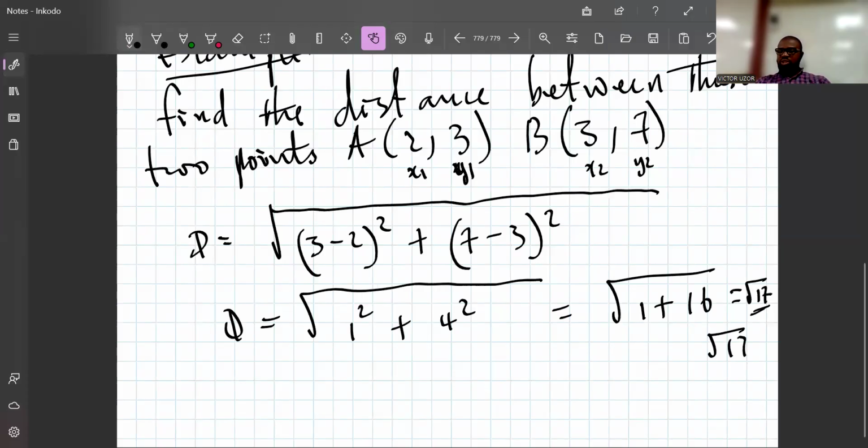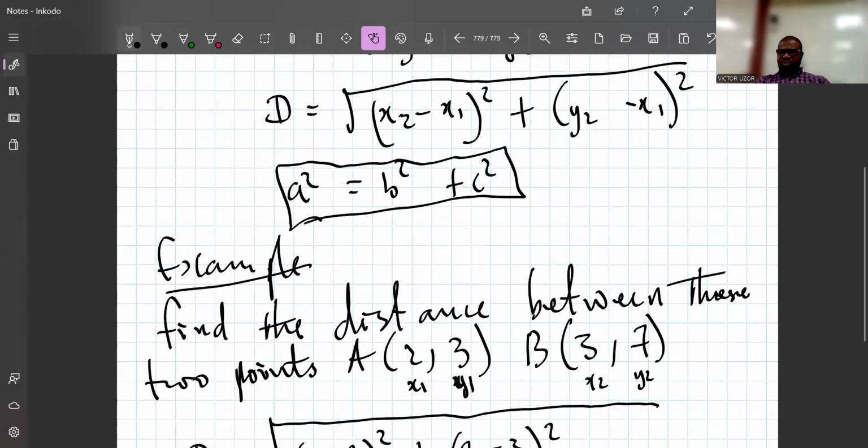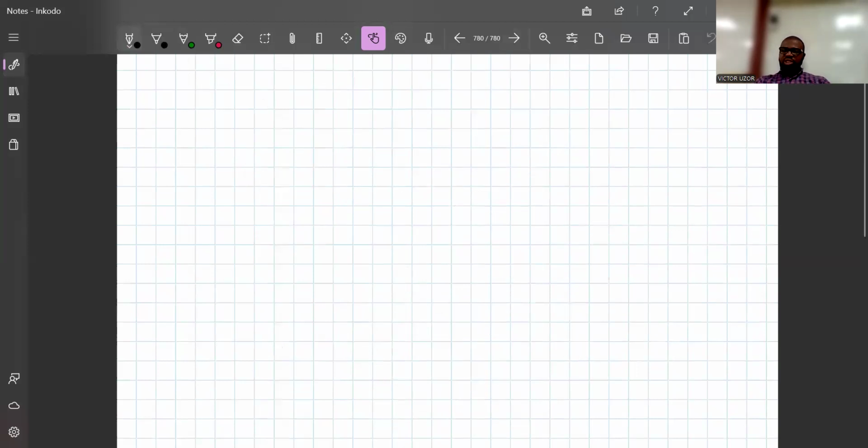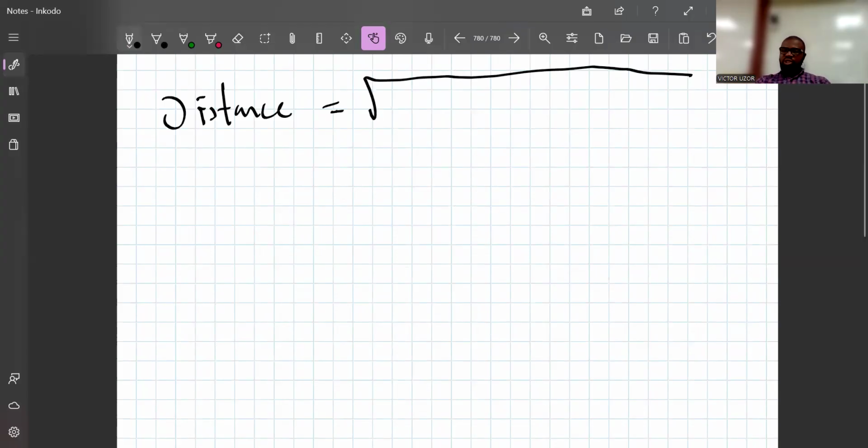Square root of 17 will be your answer. That will be the distance between these 2 points, point A and point B. So the first thing that we learned today, the distance between 2 points, is equal to square root of x2 minus x1 squared plus y2 minus y1 squared.